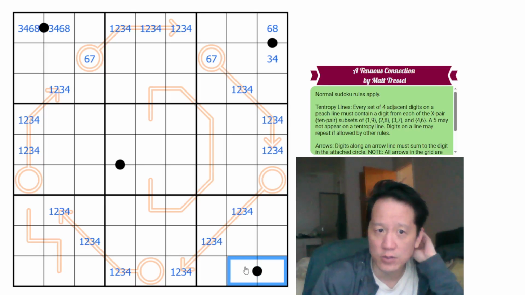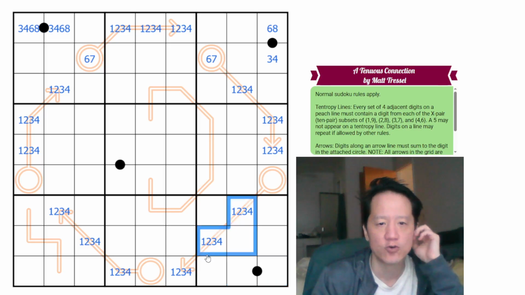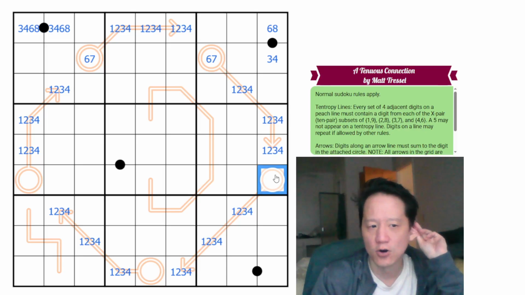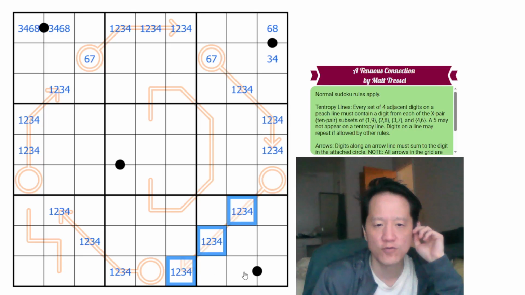This similarly cannot be, if it were 1, 2, that means all 3 of these cells see it, and therefore it'd be 3, 4, 3, 4, and 3, 4, which already adds up to greater than 9, which is not possible. So it cannot be 1, 2. It cannot be 2, 4 for the same reasoning.